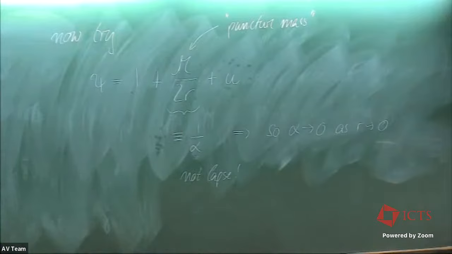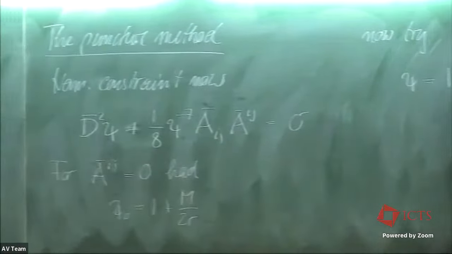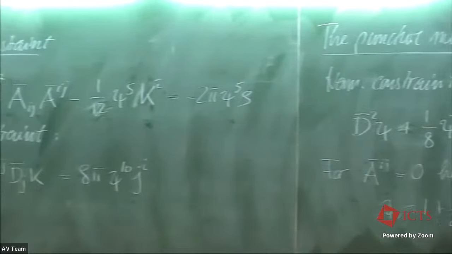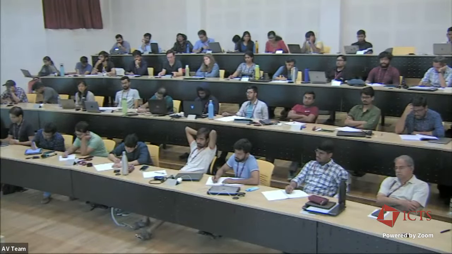All right, let me move back over there. So what I'll do next is insert our ansatz, our trial function for psi, into the Hamiltonian constraint. On the left-hand side, I have the Laplace operator acting on psi.